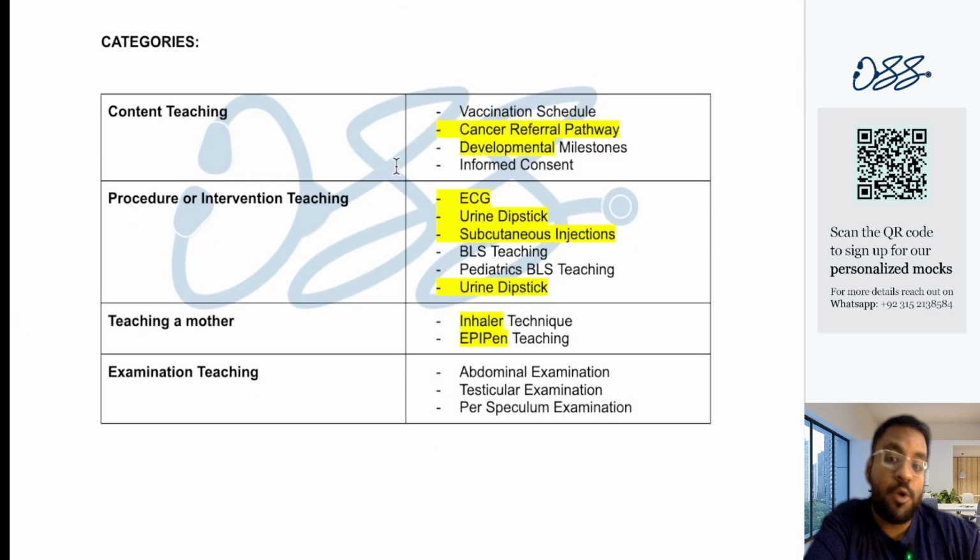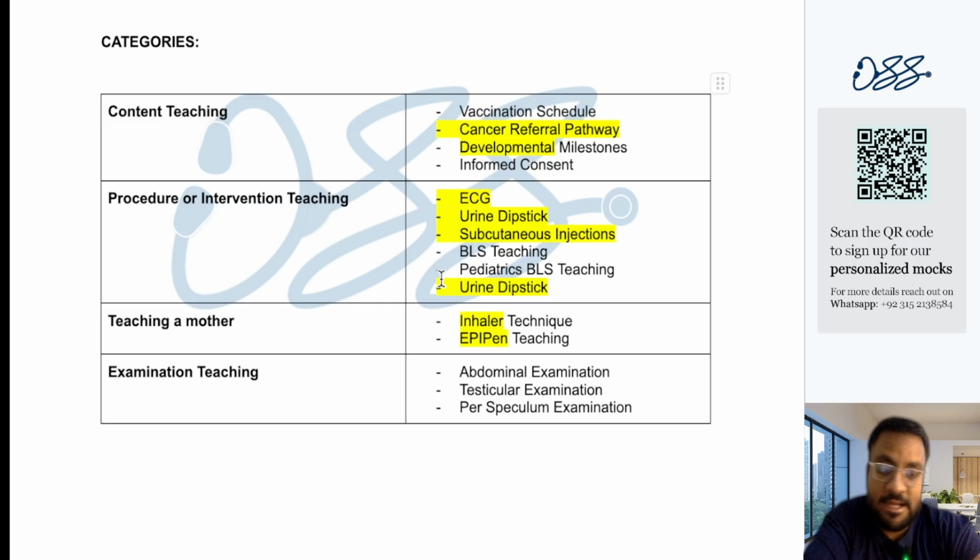Now let's just move on to the categories. Okay, as you can see there are four categories of teaching session. Number one is the category in which you just have to teach the content. Like for example, the vaccination schedule, it's just content that you need to teach. Cancer referral pathway, it's just content that you need to teach. Then developmental milestones, again just content.